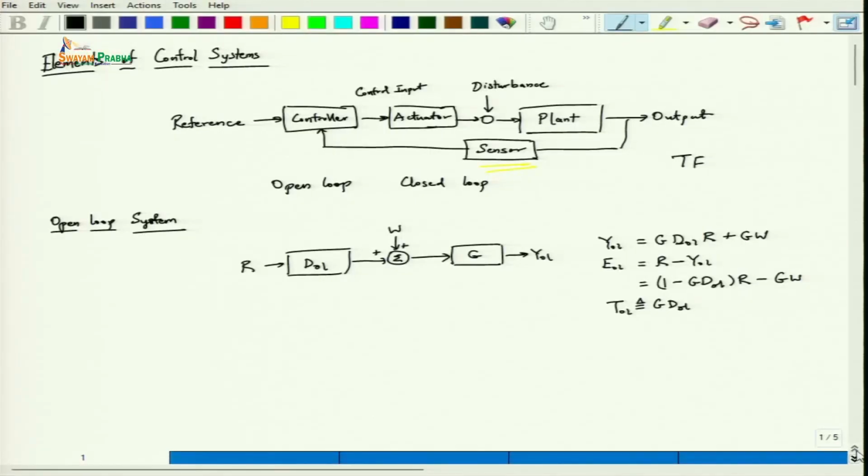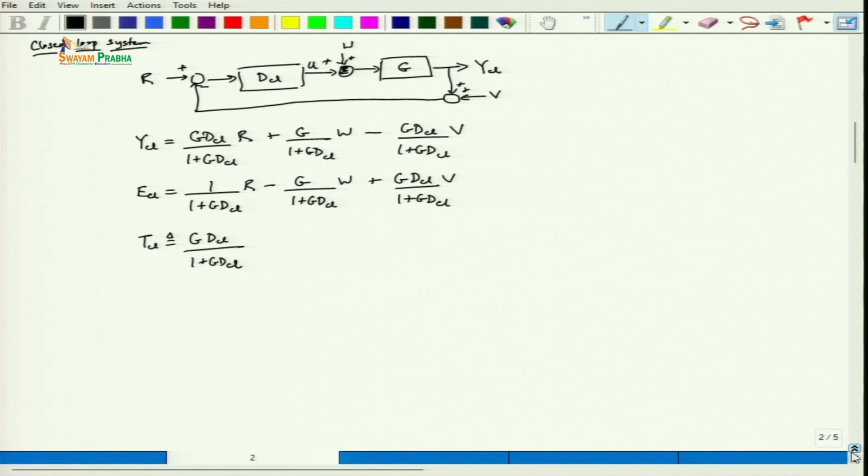So now we have identified the transfer functions for the open loop system and the closed loop system.